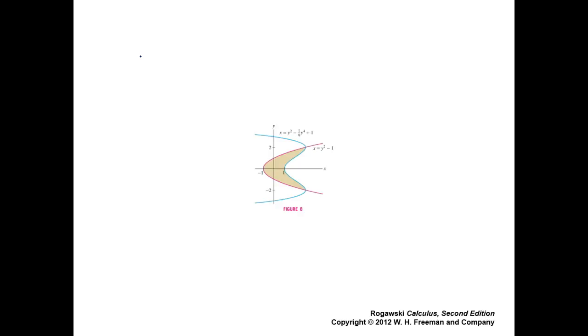Oh, okay, yeah. We need to know what the points of intersection are. Let's do that first. How do we get those? Set them equal to each other. So y squared minus 1/8 y fourth plus 1 is equal to y squared minus 1. Okay? And what do you do from here?